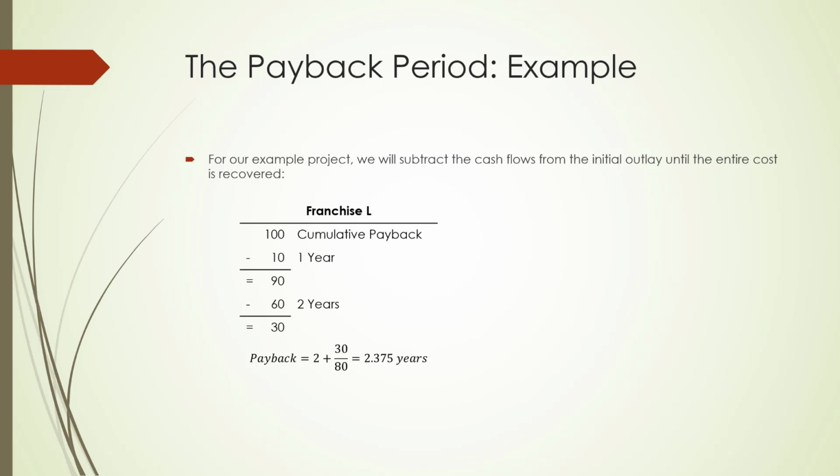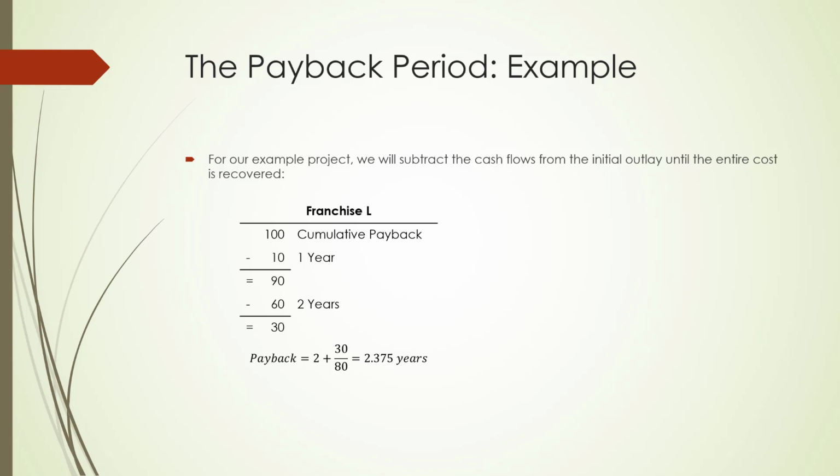Now, let's look at an example from the mini case. So recall that franchise L provided cash flows of 10, 60, and then 80. So to calculate the payback, we take our initial outlay, which is 100, and we simply start subtracting cash flows until we get to 0, or if we went one more step, we would be more than paid back.